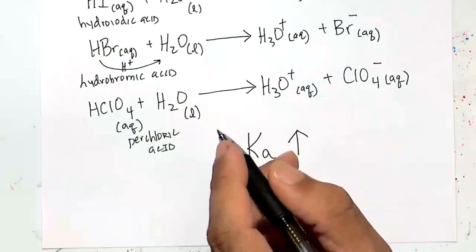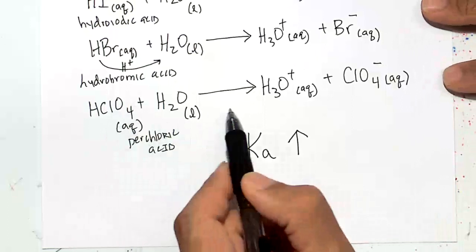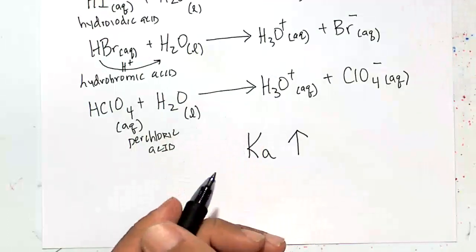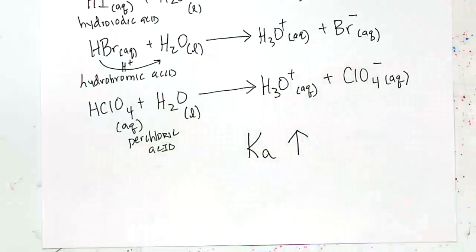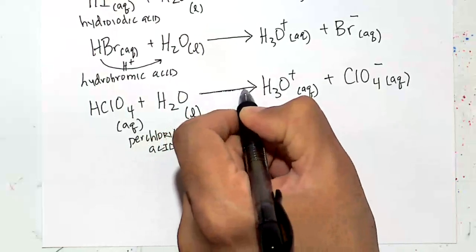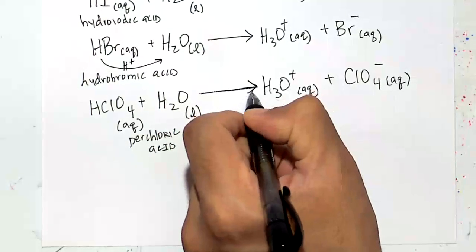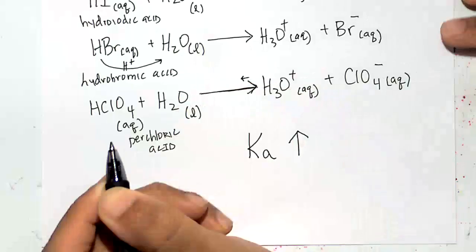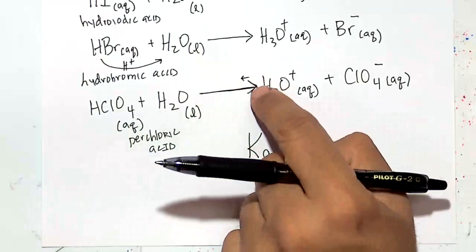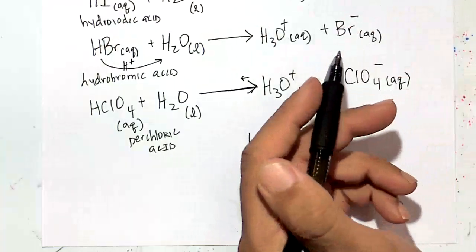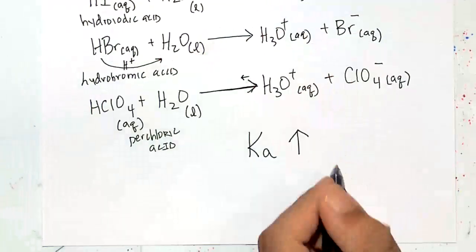Remember, products over reactants. What is the Ka for this? It's not really an equilibrium. First of all, it's overwhelmingly products. That's why the arrow is overwhelmingly one side. Very little goes back. In fact, we ignore this back reaction, and it's overwhelmingly 99 to 100% this way.